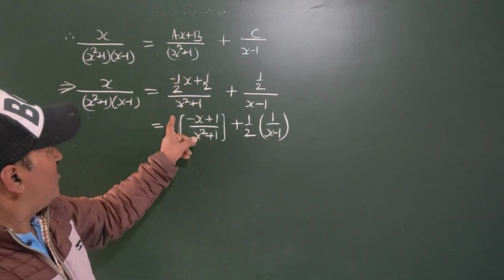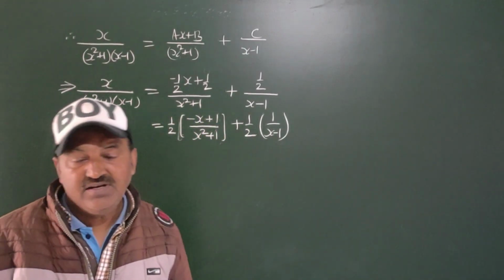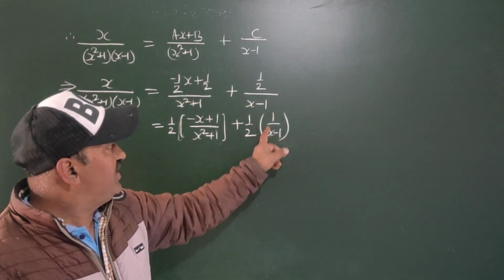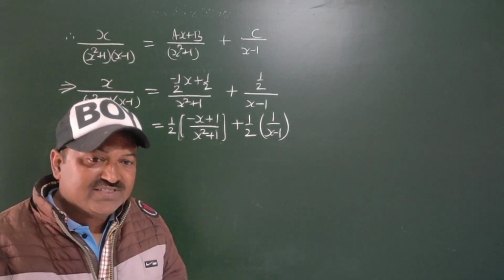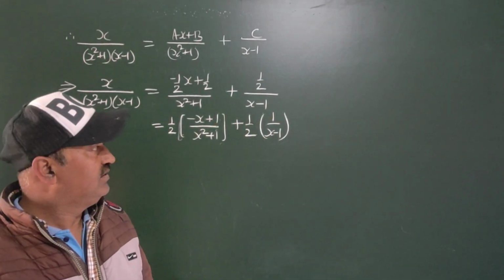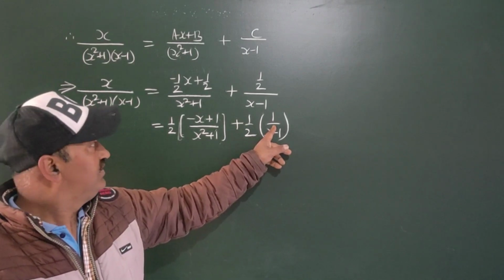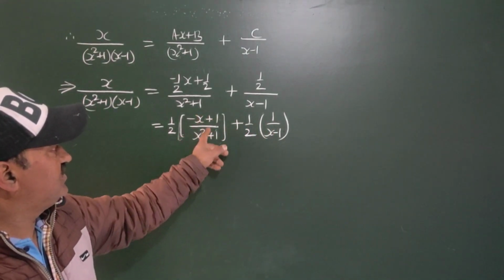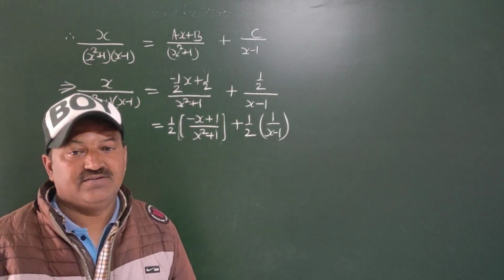Taking 1 by 2 common, we get minus x plus 1 upon x square plus 1 and 1 by 2 into 1 upon x minus 1. Now it becomes very easy to find the integration of this.